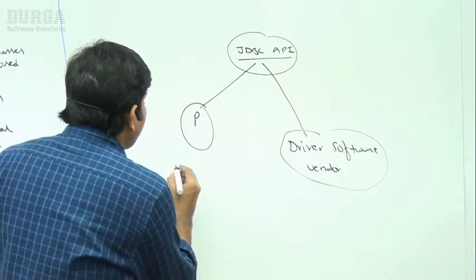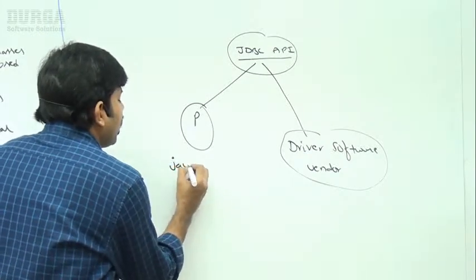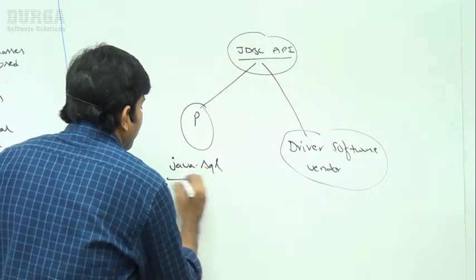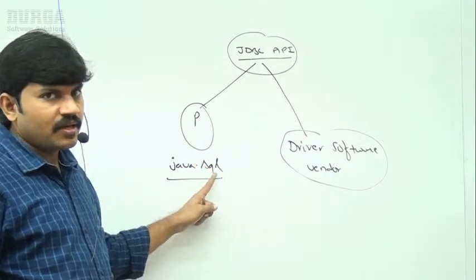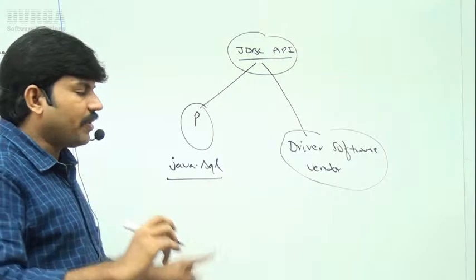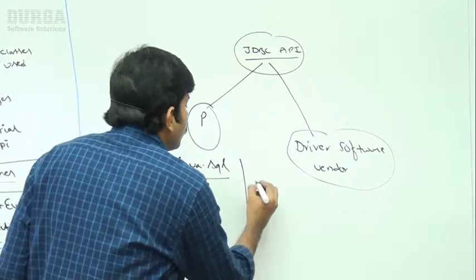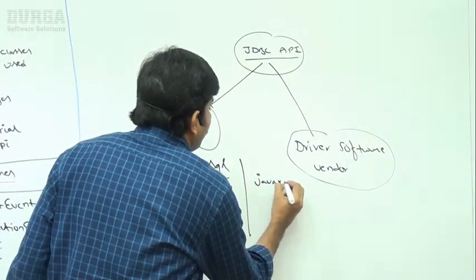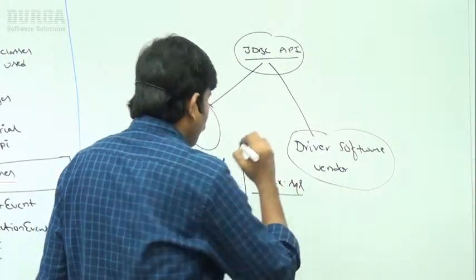Next, this JDBC API contains two packages, right? What is the first package? The java.sql package. What is the second one? The javax.sql package.